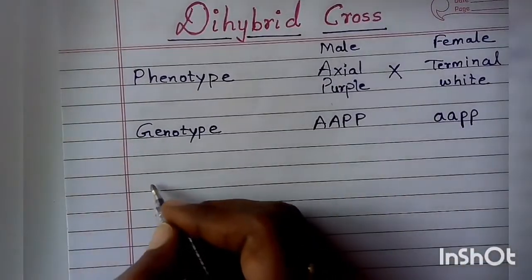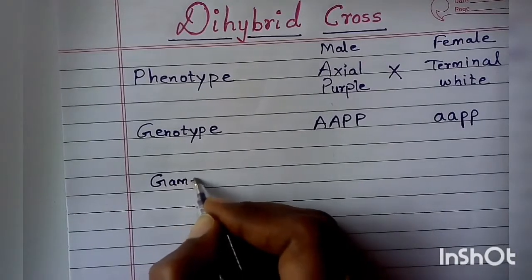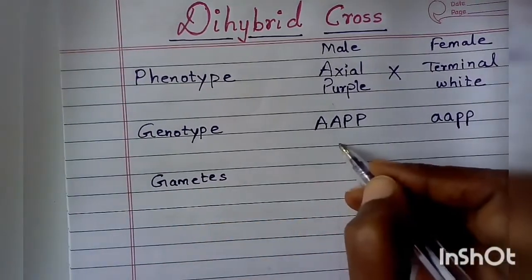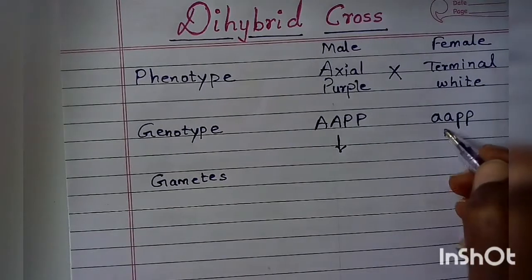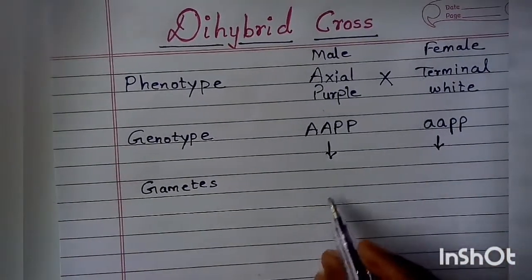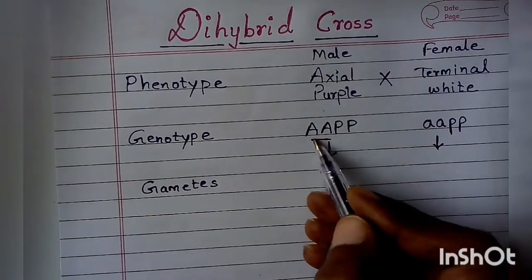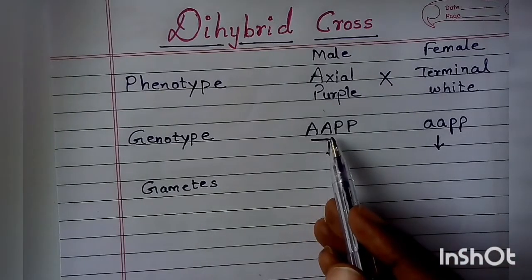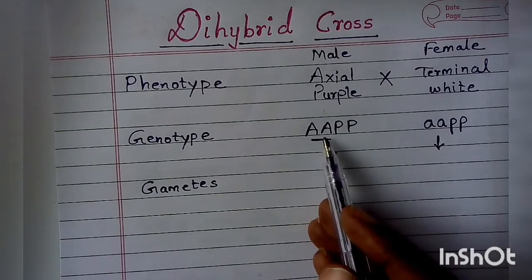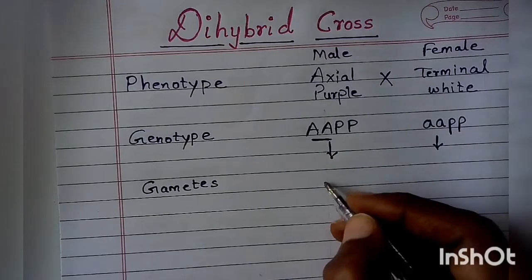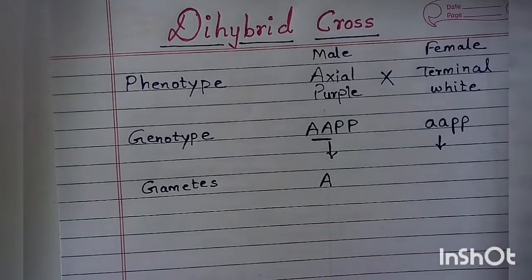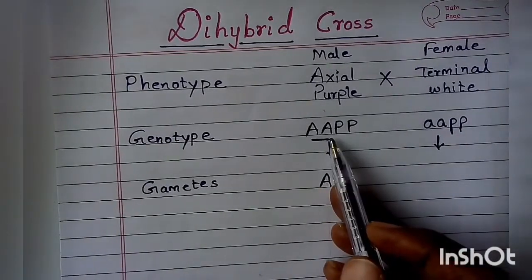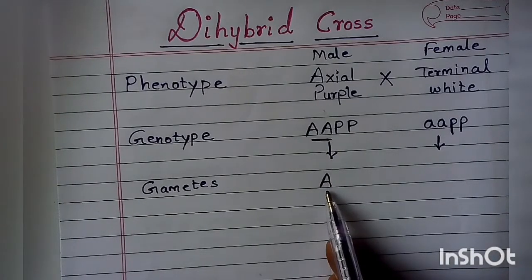Now the next thing is formation of gametes. The gametes that will be formed are as follows. See, these are the same, that is capital A, capital A. Instead of writing twice, we can write it only once. Since these are homozygous, we are taking only one alphabet.